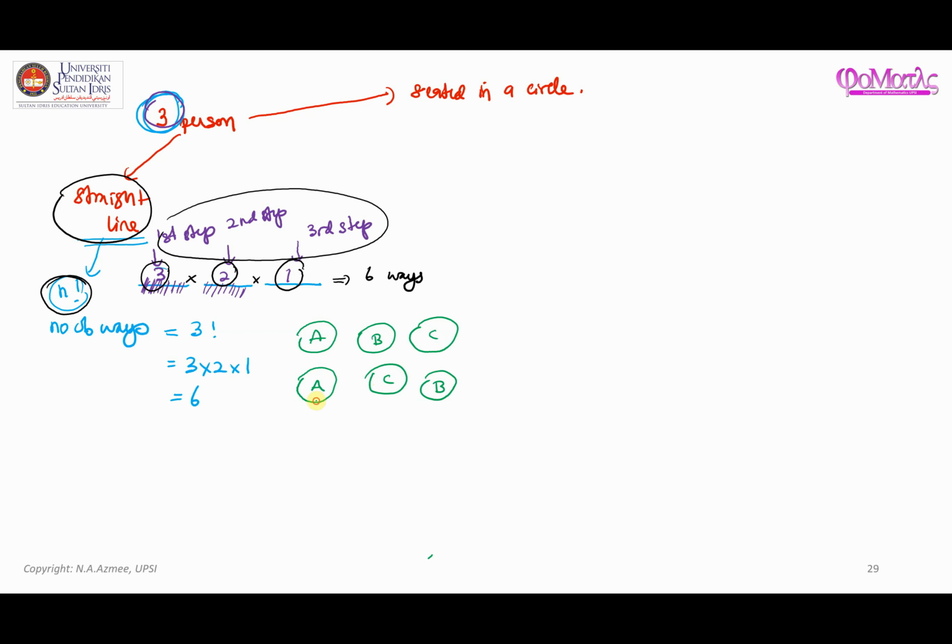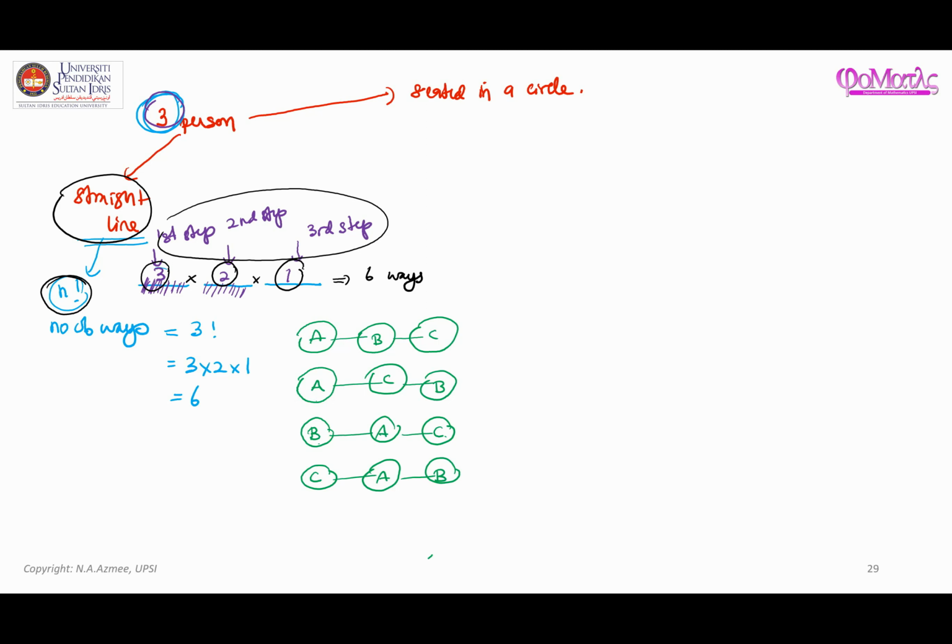Then we are going to move A to the middle. So here we've got B, A in the middle, and C at the end. And we can also maintain A in the middle, and we just switch the positions for C and B. So that is another possible arrangement to sit in a straight line.